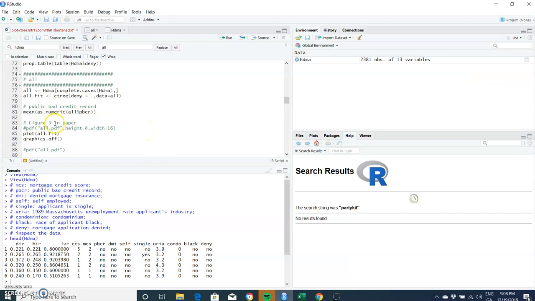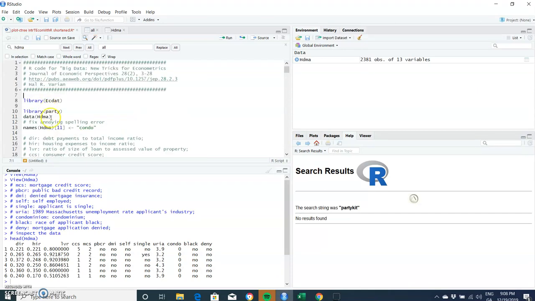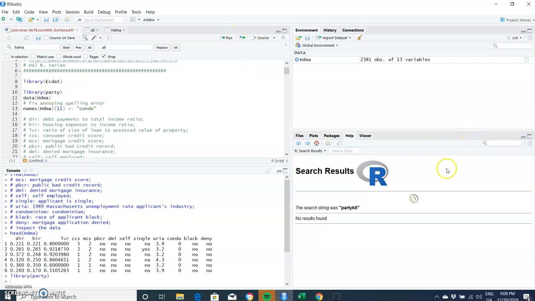We want to set up figure 5, so we start off here, we load in the data, HMDA data that's available in the Ecdat package. We also will load in party, right? And we might take a look at that party for a second.